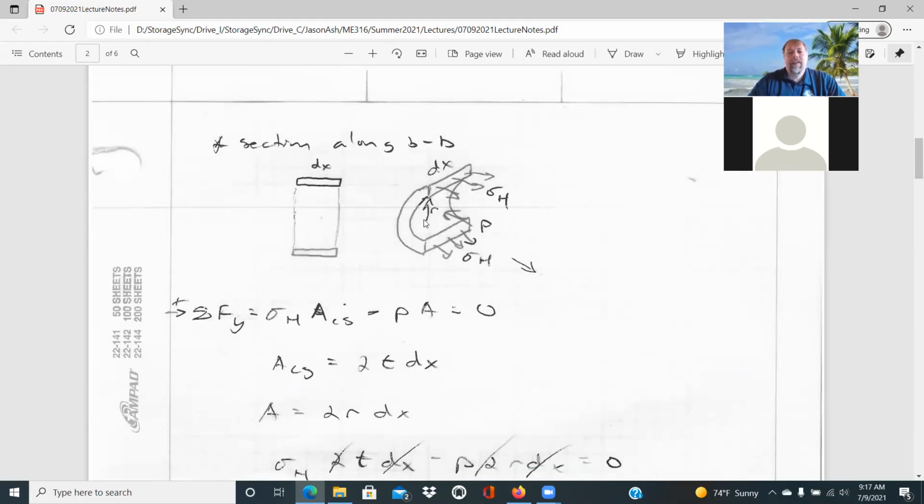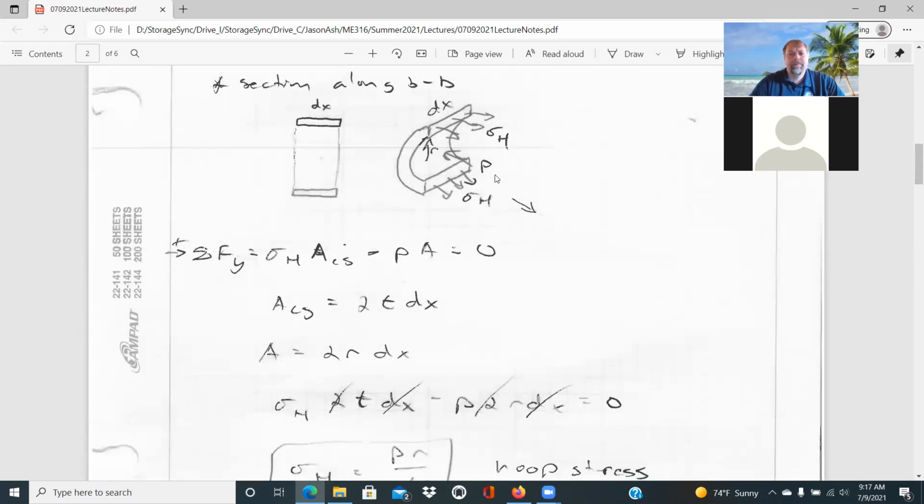We would have the inner radius plus the thickness for half the height of this. And for that free body diagram, again, we'll have the pressure acting inward times that area and the hoop stress acting in the other direction.